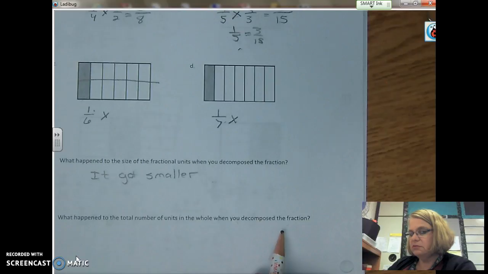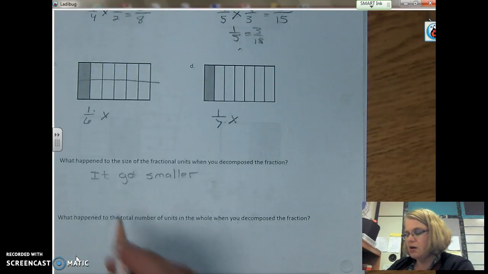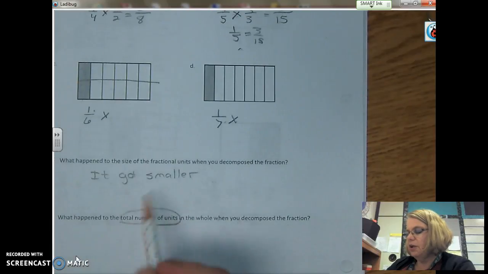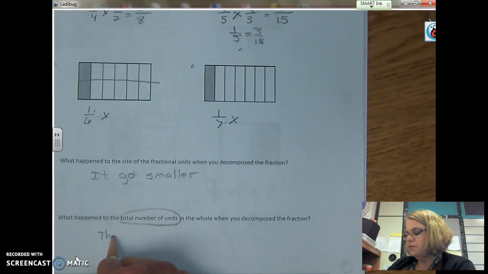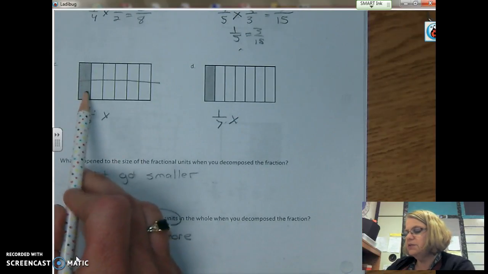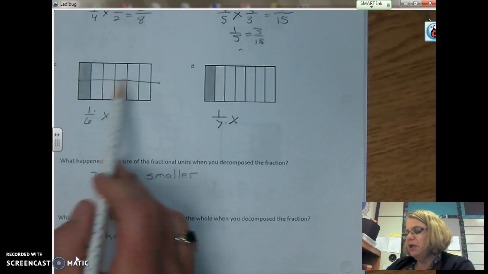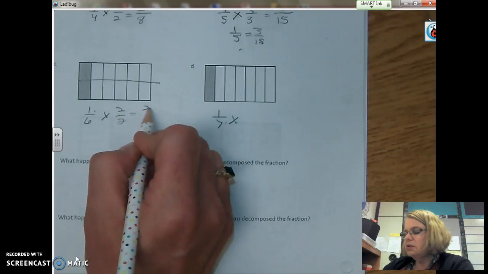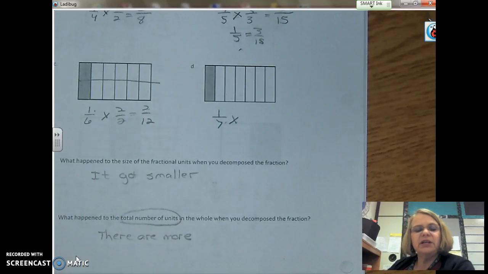Well, there became more. So the total number of units in this one was 6, and I made it into 12ths. She may have made it into something else.